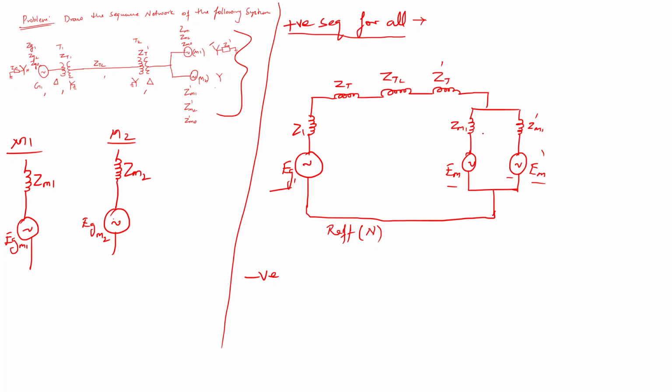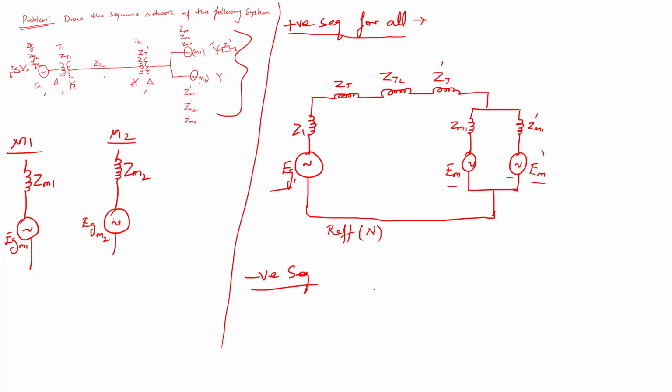Remaining thing I can draw the same. That is one of the points given in the theory class, correct or not? So the negative sequence for the network can be drawn from the positive sequence diagram itself. So I just want to eliminate all the E values in the rotating components.